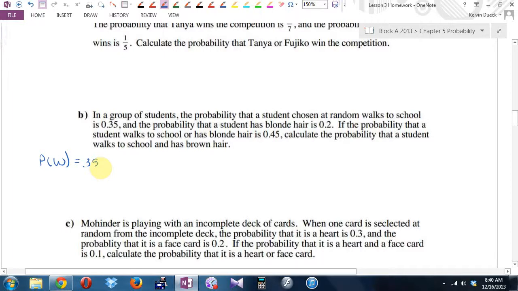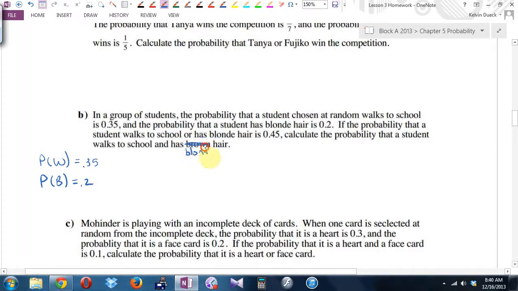The probability that a student has blonde hair is 0.2. I think there might be a typo in this. I stole this from a different book, and I think instead of brown, this is meant to be blonde.